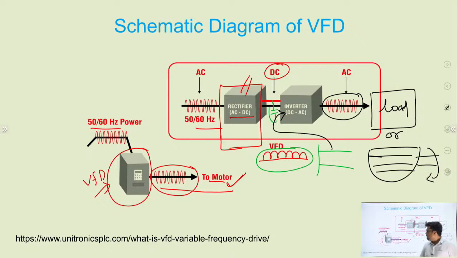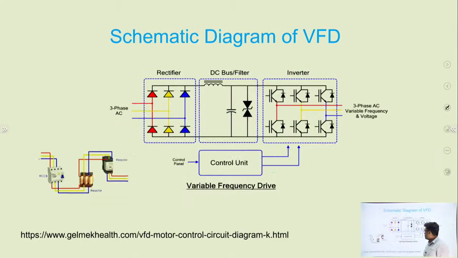So, how to adjust, what are our requirements, how to change the speed, that I will discuss on the next slide. So, this I have covered, like we feed 3-phase AC supply to the circuit. This is the rectifier.